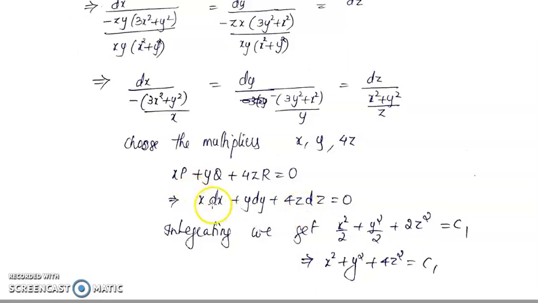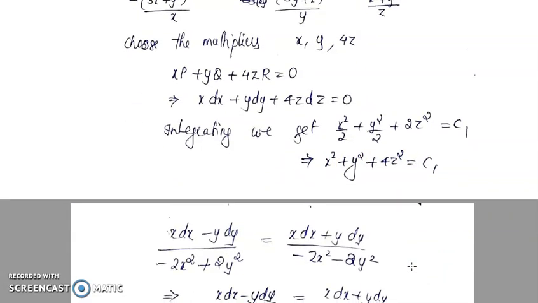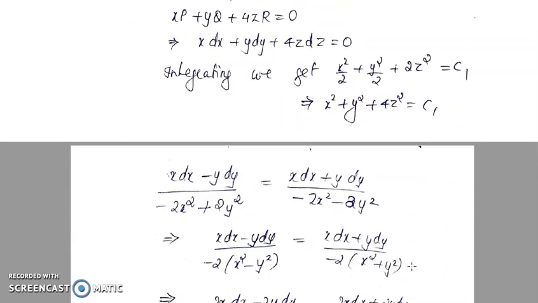So on integrating, this gives x square by 2 plus y square by 2 plus 2z square equal to c1. So that is the first solution, x square plus y square plus 4z square equal to c1. Next we need to find the second integral curve.